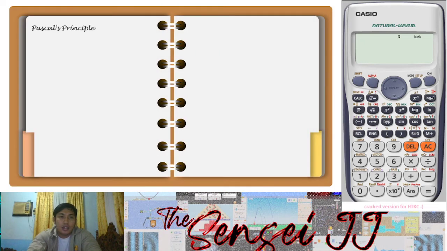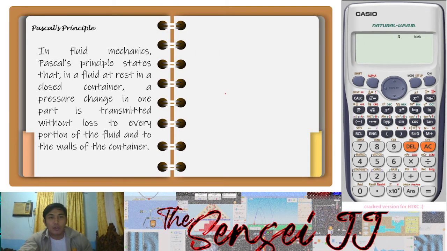Pascal's principle. In fluid mechanics, Pascal's principle states that in a fluid at rest in a closed container, a pressure change in one part is transmitted without loss to every portion of the fluid and the walls of its container.